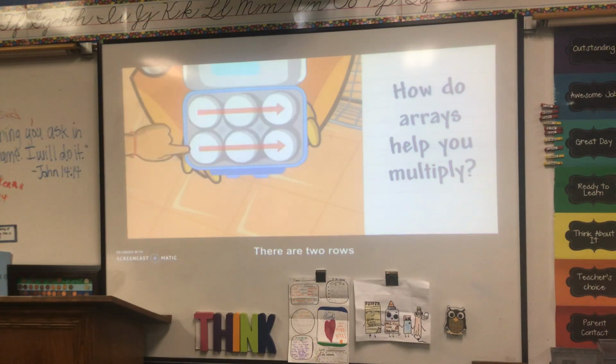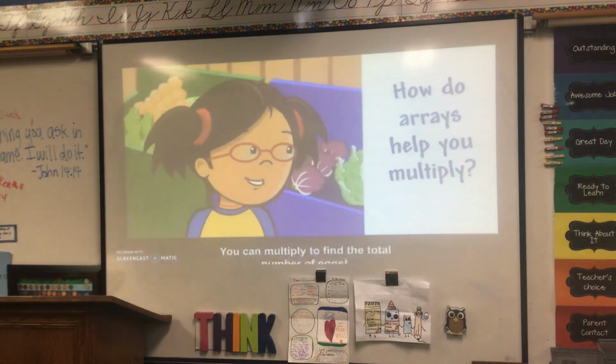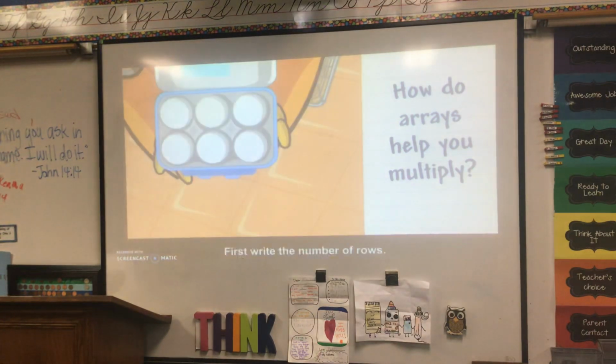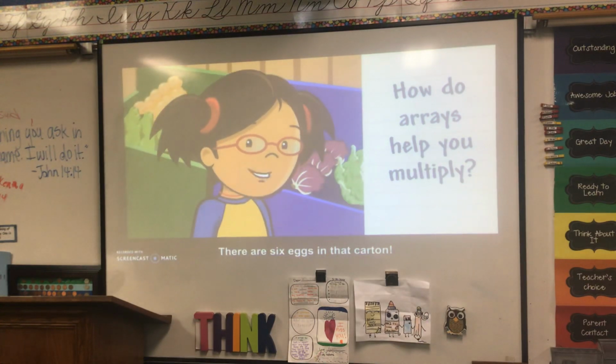There are 2 rows, with 3 eggs in each row. You can multiply to find the total number of eggs. First, write the number of rows. That's 2. Then write the number of eggs that are in each row. That's 3. The X symbol means to multiply. This number sentence tells you that there are 2 sets of 3. So the answer is 6. There are 6 eggs in that carton.